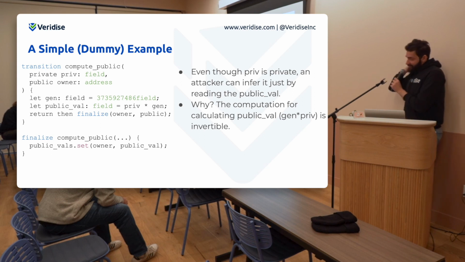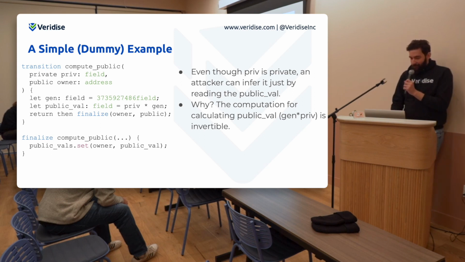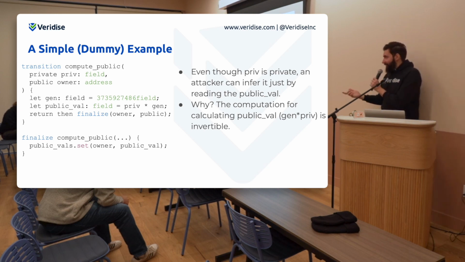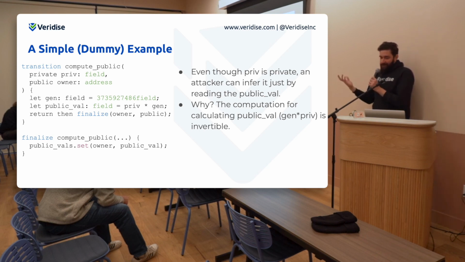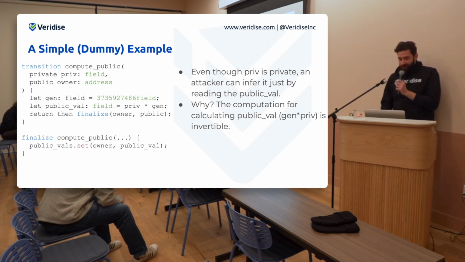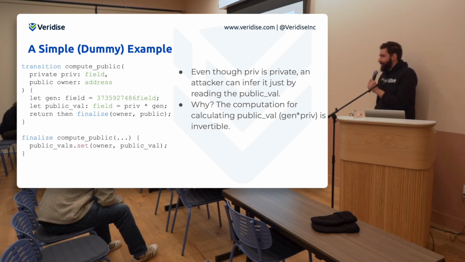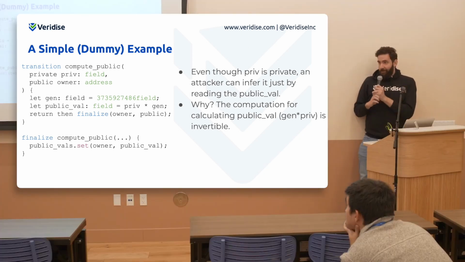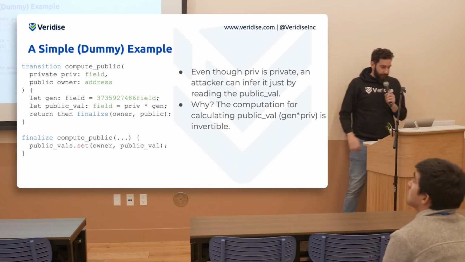If an attacker knows the source code of this contract and sees a finalize with a public value, they can reveal the secret, because this multiplication is invertible. I just do a division and now I know the private value of this transaction.